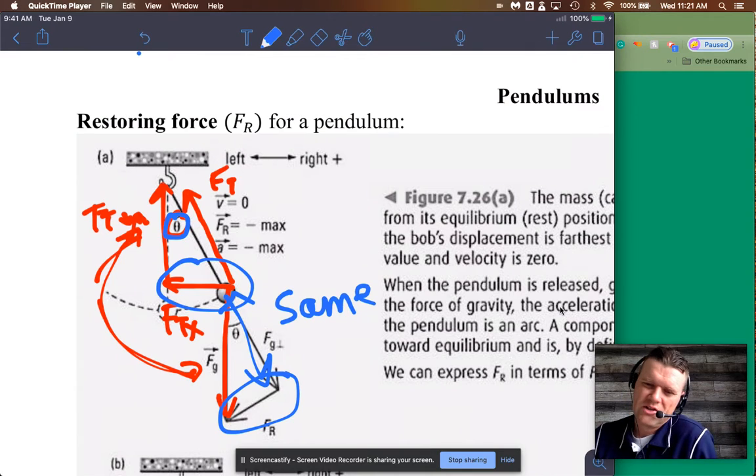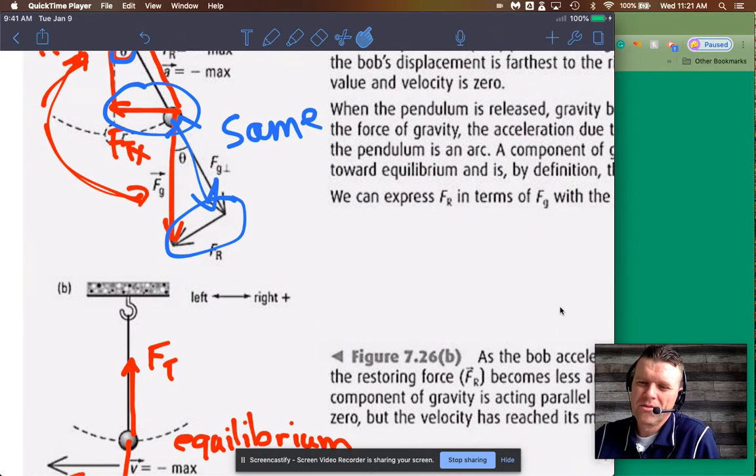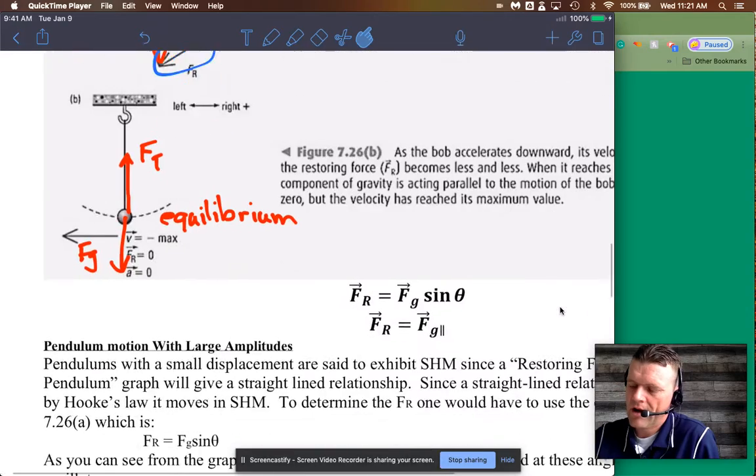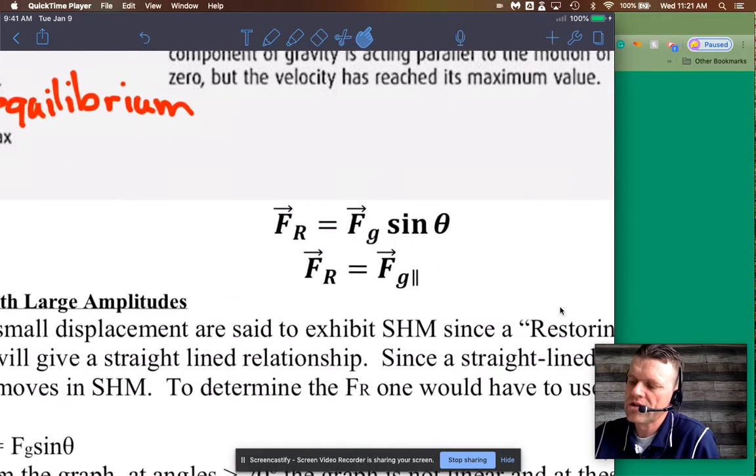Either the first way, which is probably the easiest, or the second, you will both get the same restoring force on the pendulum. And yeah, it's proportional to how far away you displace it from equilibrium. But there are some limits with pendulums in this regard, and I highlighted that right here. So sorry, this is the formula.